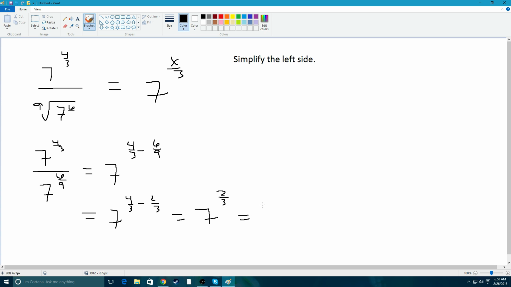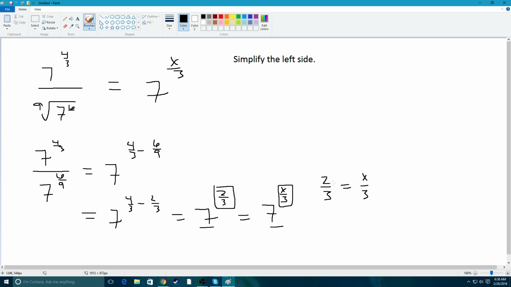And remember, in our original equation, this was equal to 7 to the x over 3. So because the bases are the same, the exponents have to be the same. So 2/3 equals x over 3. Right away, you could probably say that x is 2.